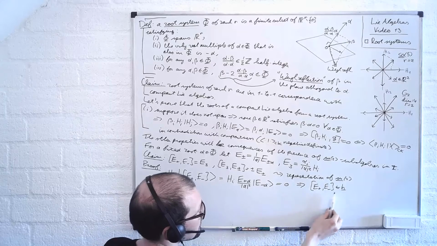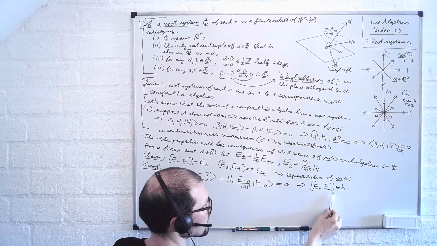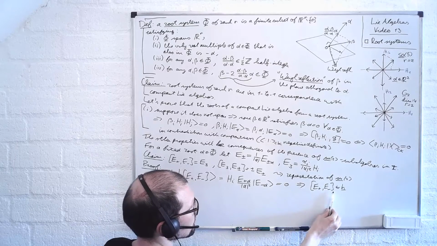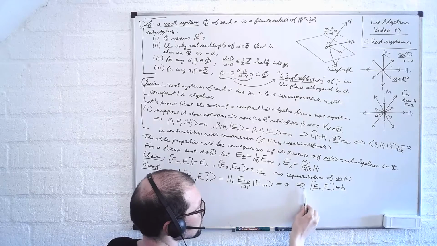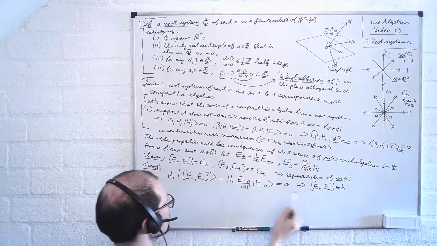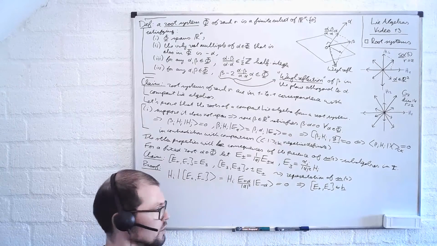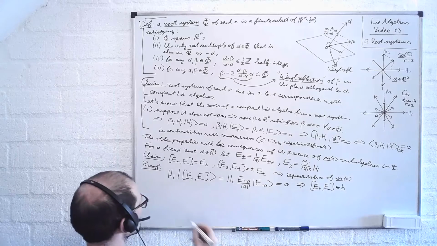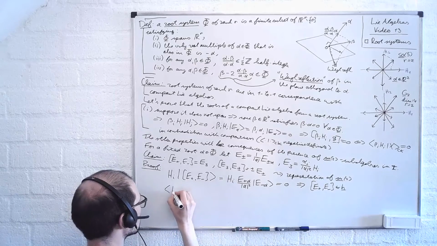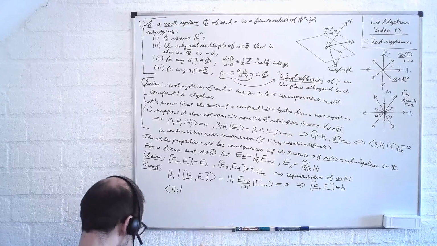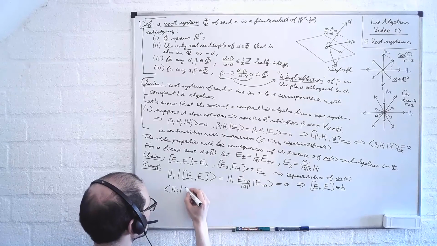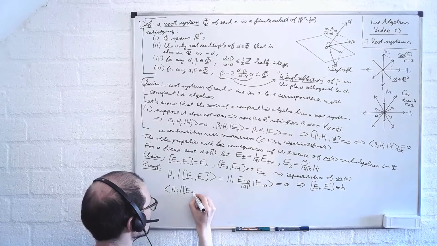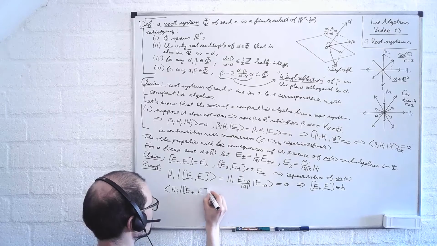So to determine exactly which Cartan generator this is, what we really have to do is take the inner product of this state with the Cartan generators and then see what comes out. So let's compute hi with this commutator E plus E minus.